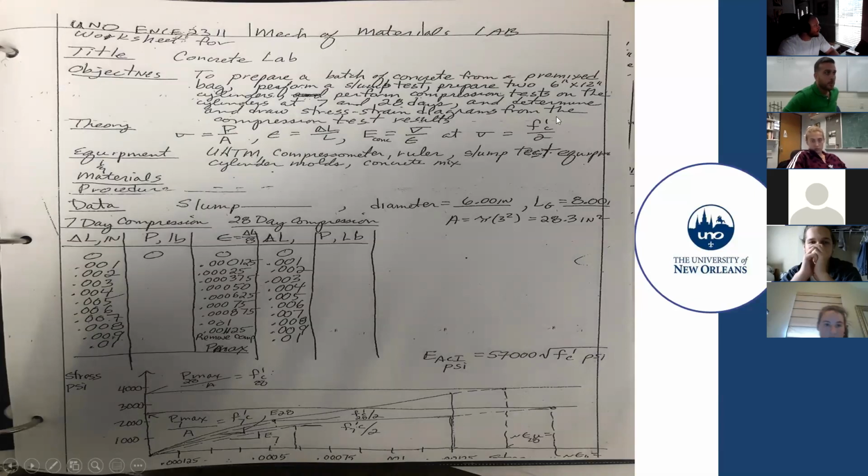And then we're going to determine and draw stress and strain diagrams from the compression test results. Stress and strain, same thing. If I'm repeating stress and strain every class, that means it's important for you. And you should know. Okay, let's look at the equations and theory sections.